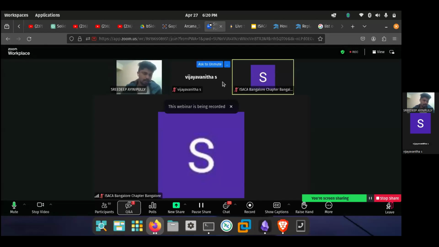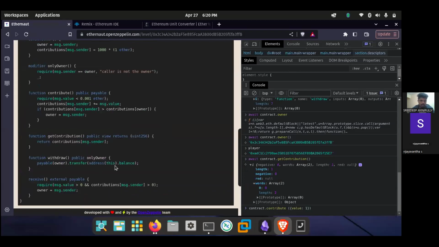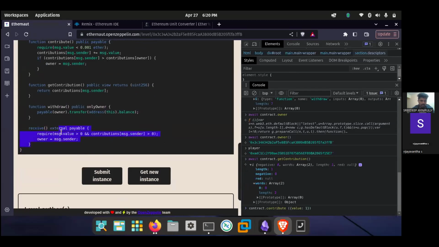See, you have to find the logic of the code, and you have to study where the loophole is to exploit and to become the owner of the contract. In this case, I told you there is a mistake in the last section of the code. Here is the mistake. Only one line of code is missing from here.